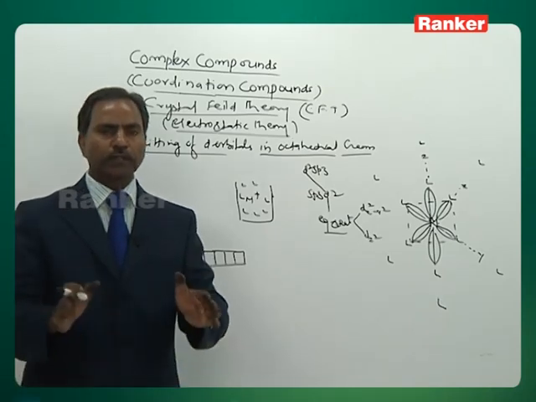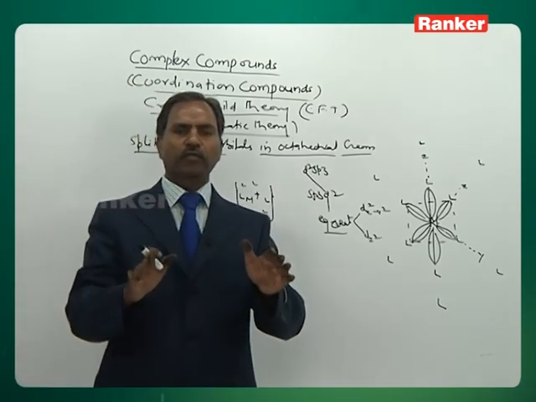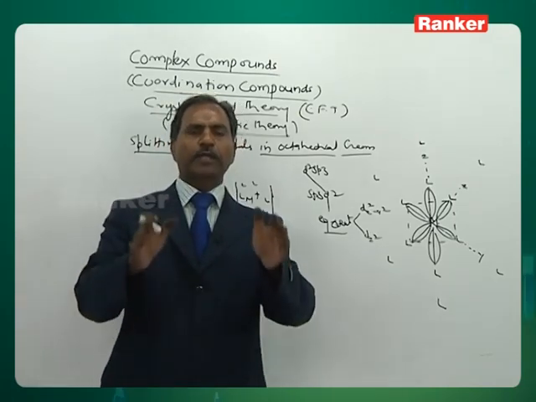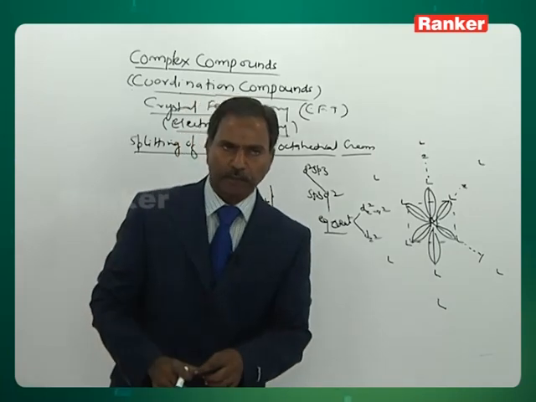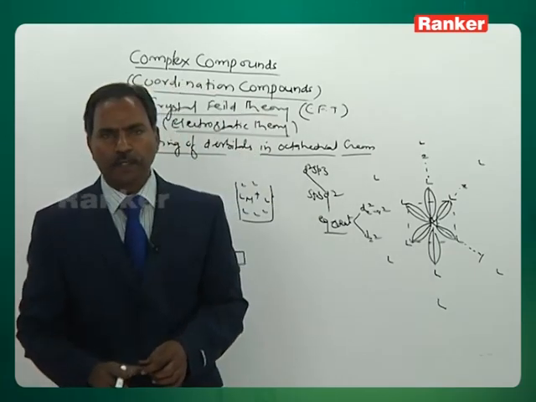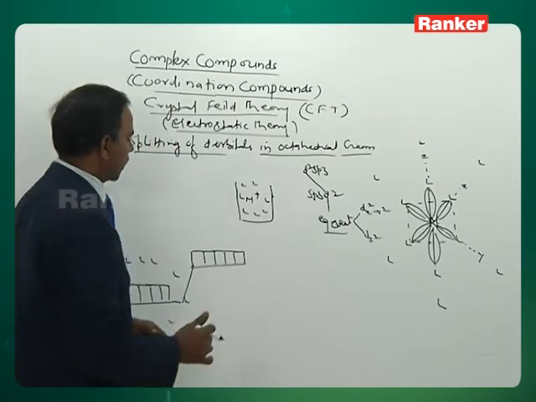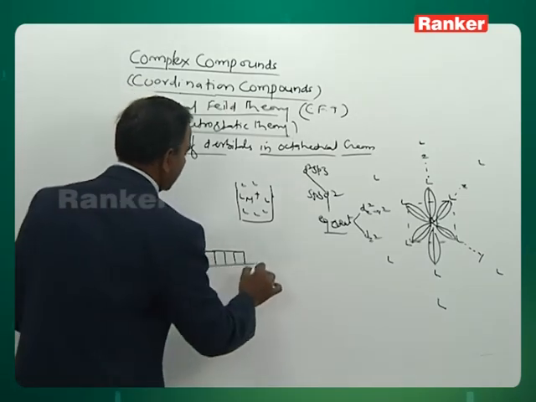The orbitals which are oriented along the x, y and z axes are experiencing greater repulsion, so their energy is increased. What you can write now is that the eg set of orbitals are increasing their energy.